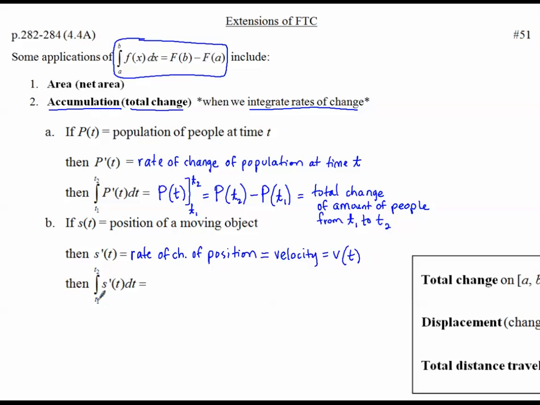So what would the integral from t sub 1 to t sub 2 of s prime of t dt be? Again, if this is a derivative and I'm taking the integral, that means I'm taking the antiderivative of the derivative.